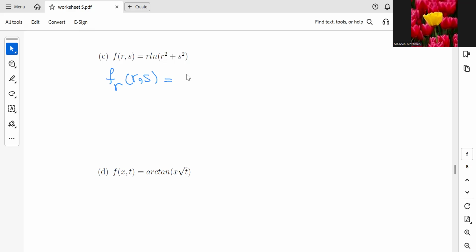For the product rule, you can copy the first one, times the derivative of the second one with respect to r, which will be 2r over r squared plus s squared, plus copy the second one times the derivative of the first one with respect to r, which is 1.